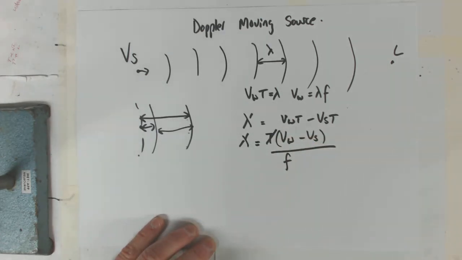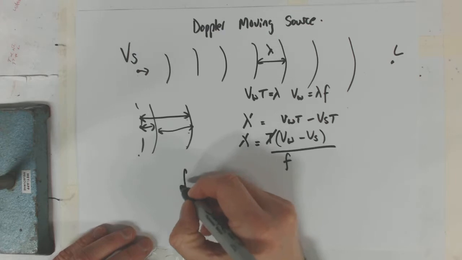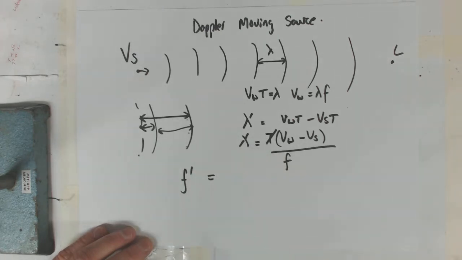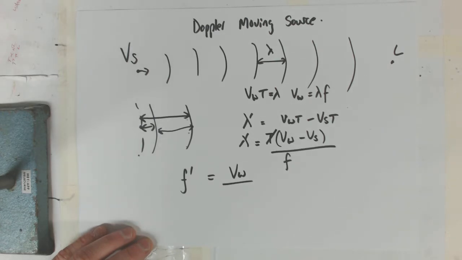If we've got the new wavelength and we want the new frequency, you would call that F dash. Then the new frequency is going to be the velocity of the wave divided by the new wavelength.